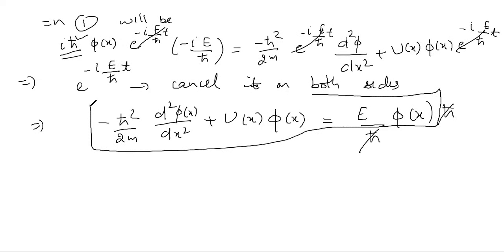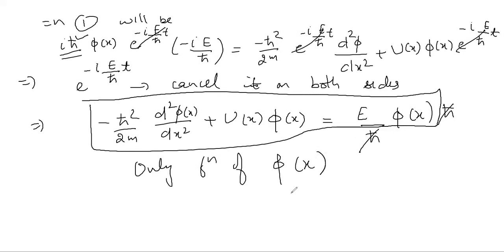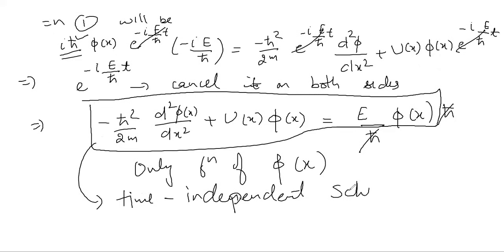So this equation, if you now look at this equation here, you have an equation which is only a function of phi x. It does not have time anywhere, and this equation is called as time independent Schrodinger wave equation.